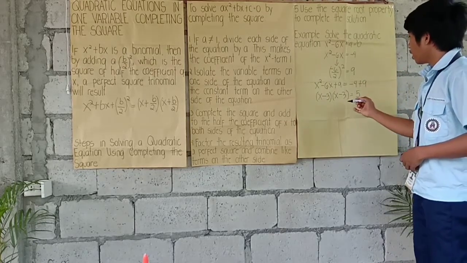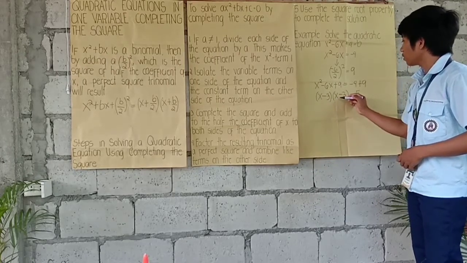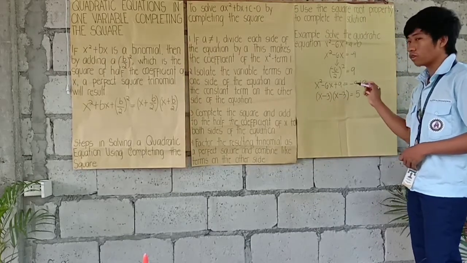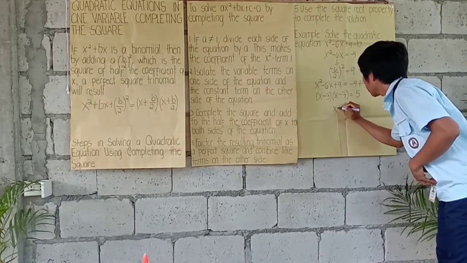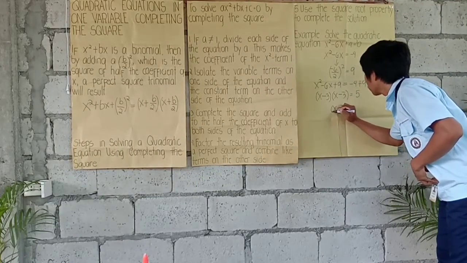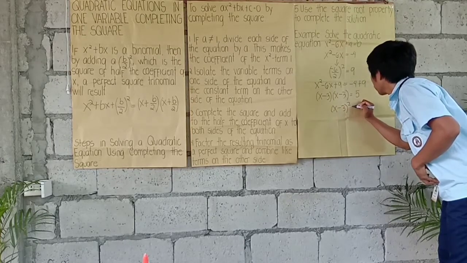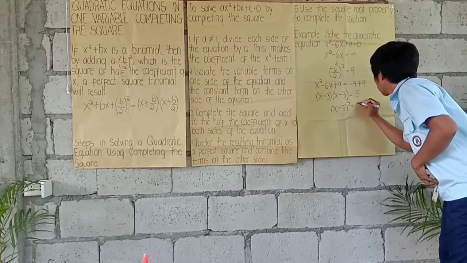So, x minus 3 raised to 2. So, equal lang siya doon. x minus 3 squared is equal to 5.